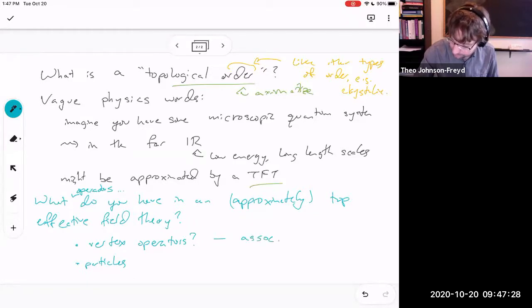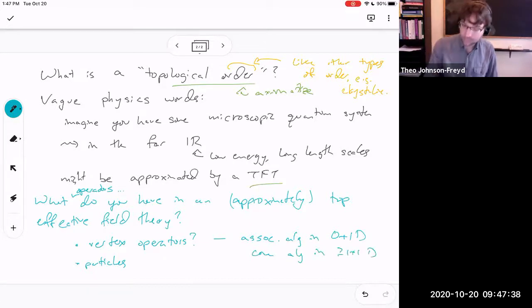Associative algebra in 0+1d, or commutative algebra in greater than or equal to 1+1 dimensions. Again, it's commutative just because everything's topological. Particles in a field theory, the way you talk about particles is you really talk about the world lines of particles. A particle is a one-dimensional extended operator.